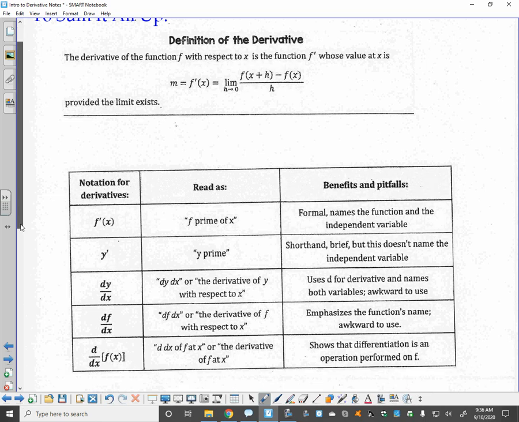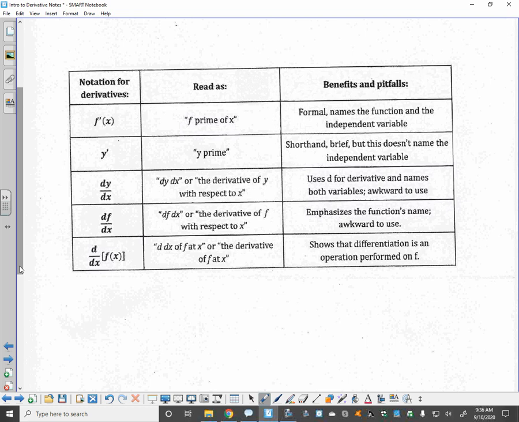These are your notations for derivatives. These are the three big ones, but you need to be able to talk the talk. The first one is f prime of x, the second one is y prime, and the third one, you don't say the over, you just say dy dx, which is the derivative of y with respect to x. For right now, don't worry about the bottom two.